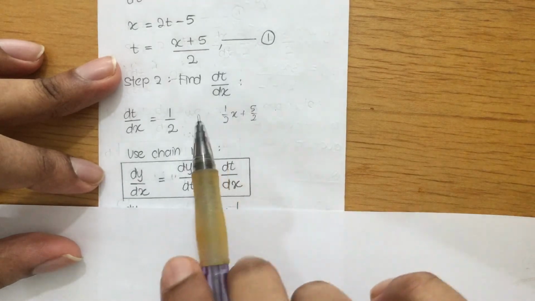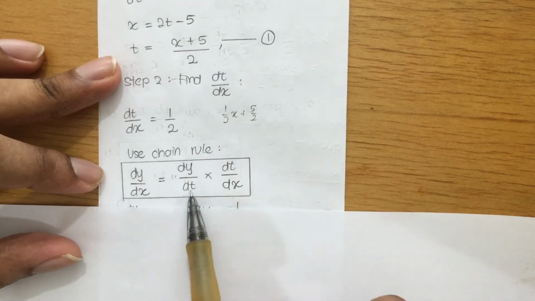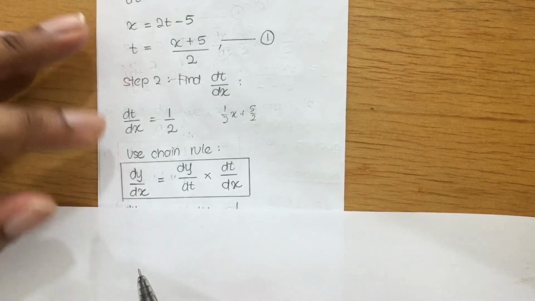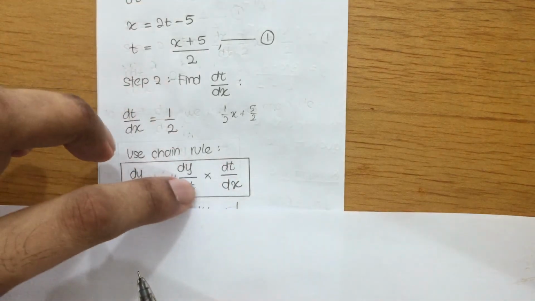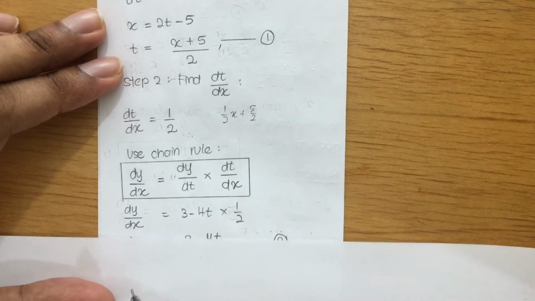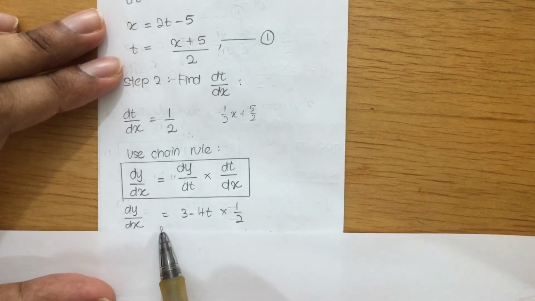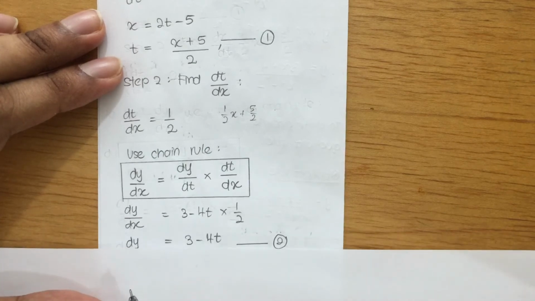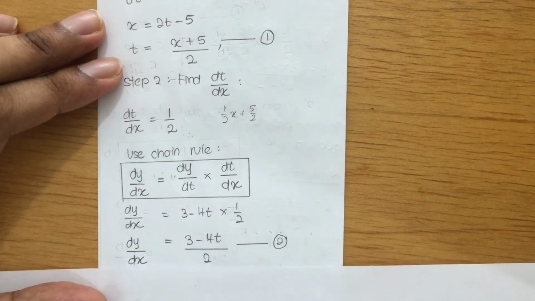We're going to use the similar concept here: dy/dt times dt/dx. Use this formula and substitute the respective equations into this expression. So from here, dy/dx is equal to (3 minus 4t) times 1 over 2. So you get dy/dx equals (3 minus 4t) divided by 2.